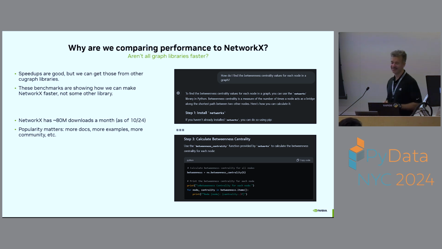So everyone's using it, and everyone has known it. It makes perfect sense to say, all these people that are using it, that want to keep using it, shouldn't have to abandon it when their data gets big and go to a different library. Now they can just access the GPU either in Colab or different cloud service providers or locally, and then keep going as their data gets larger. So that's kind of why we compare against NetworkX.